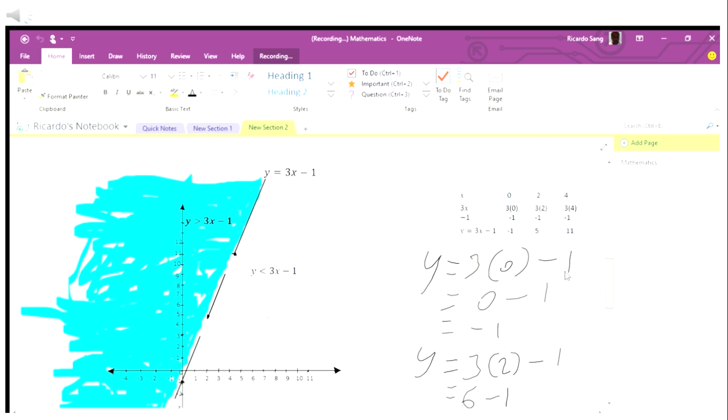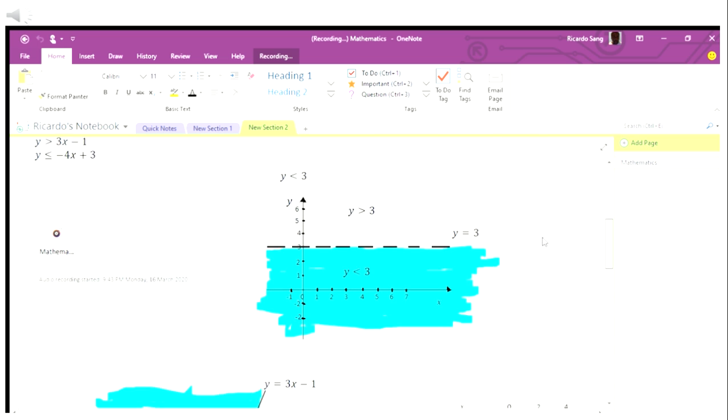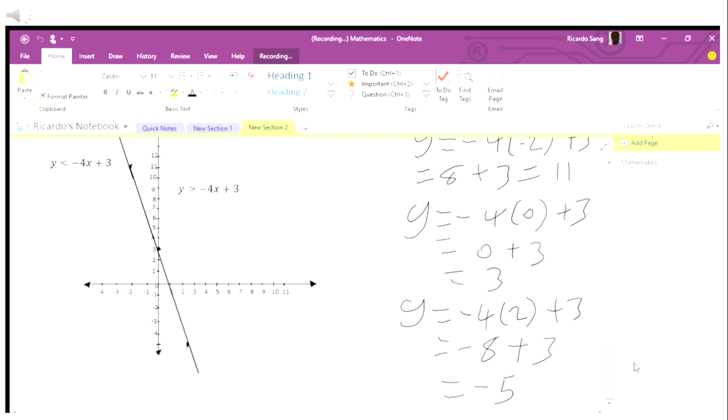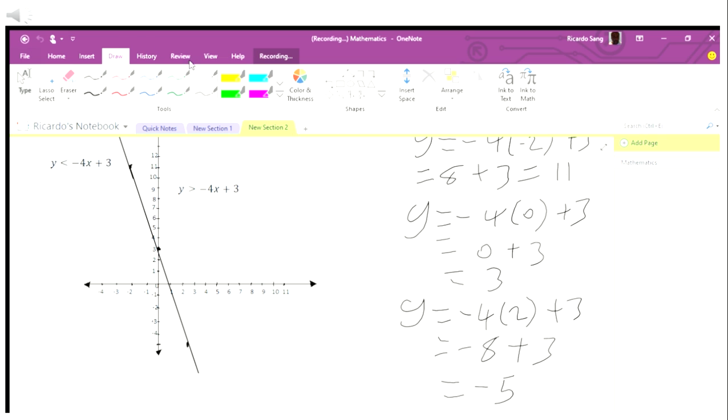So that is it. So what they ask you for now is greater than or equal to. So the region that is in question is this region here.